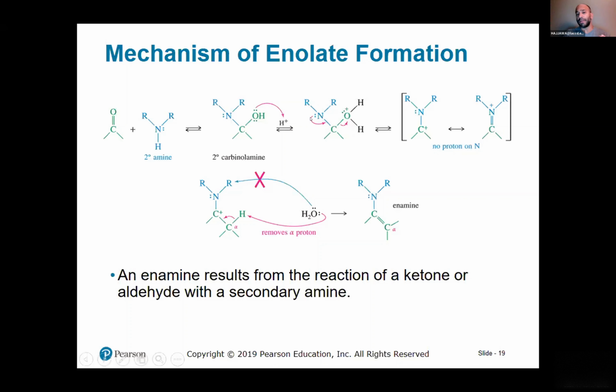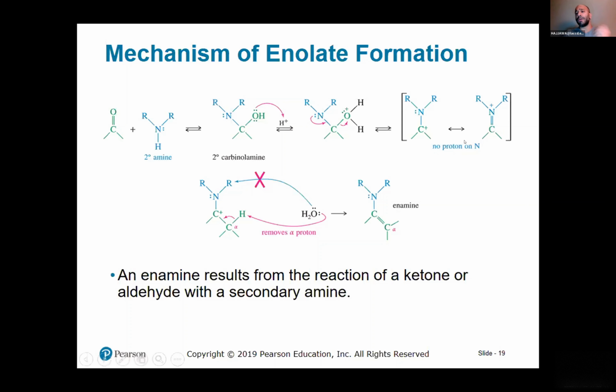That OH is protonated to give you a good leaving group. Then the lone pair on the nitrogen delocalizes to form an iminium, which is a protonated structure. That's why it's favored to go through the formation of the enamine. This won't happen if I have a primary amine or ammonia.